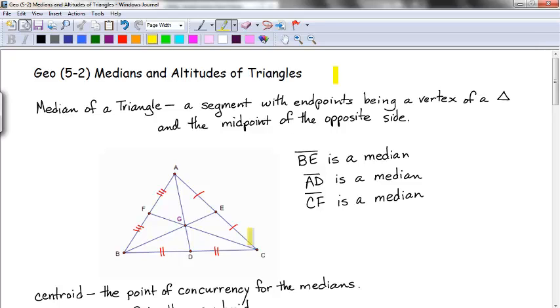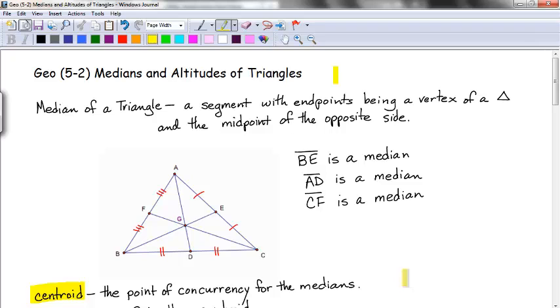Okay, now that gives us another center. There's like 4 centers of the triangles. We've done incenter and we did circumcenter in 5-1. Now this gives us the third one, and that's called the centroid. The centroid is the point of concurrency of all the medians.